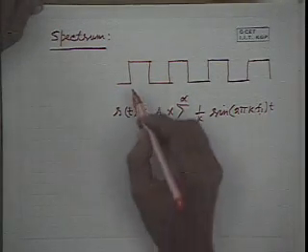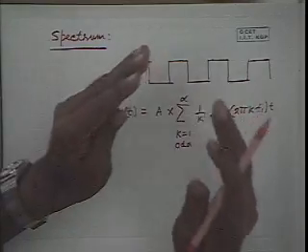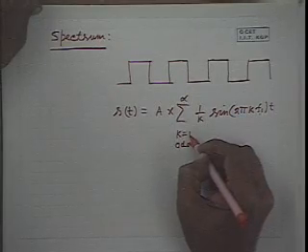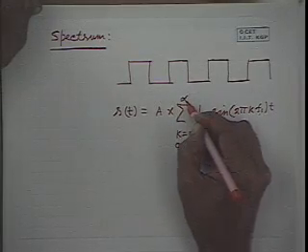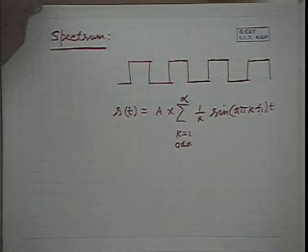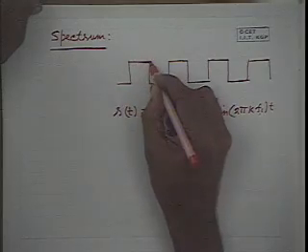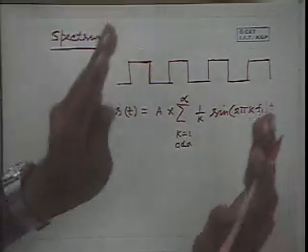So this square wave comprises an infinite number of different signals. As you can see, it goes from k is equal to 1 to infinity. But in practice, this can be closely approximated by a smaller number of harmonics.